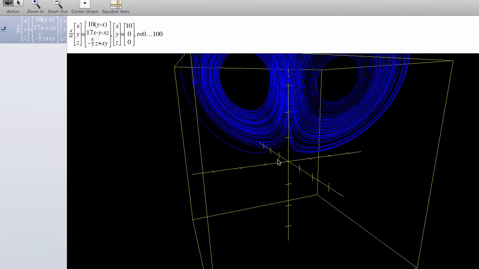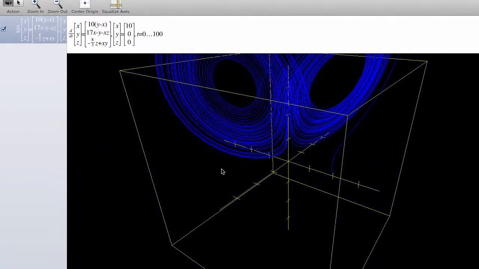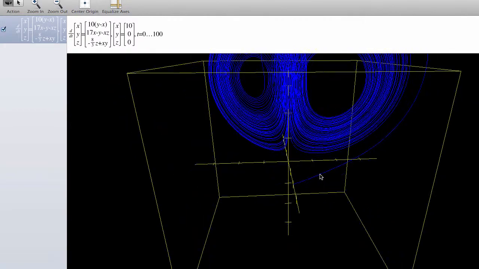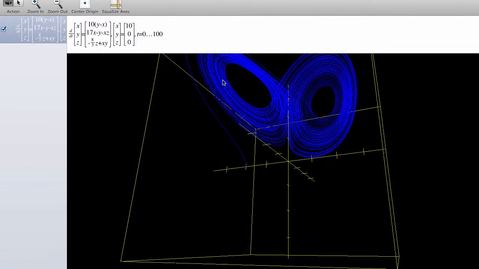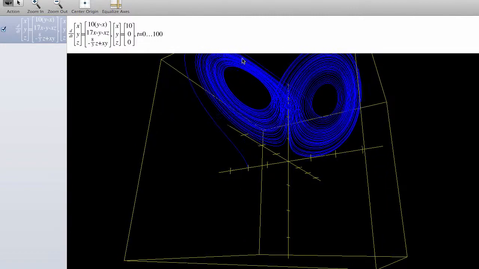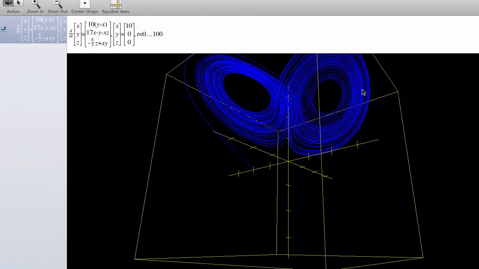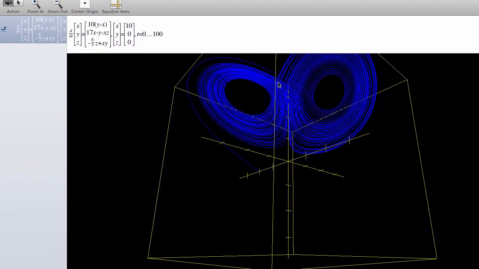Essentially, if you follow the trajectories, let me stop it. It's hard to get it in right. They wrap around here, and then occasionally they might swing over here and wrap around here a few times, and around here, and then go back this way.